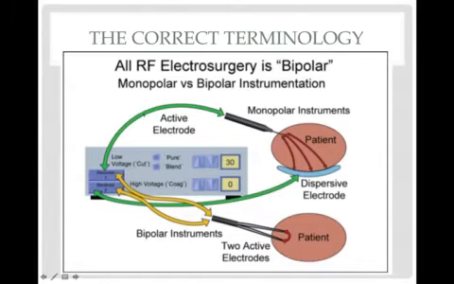In the monopolar, you have the active electrode, then the energy goes through the patient and it's received by the dispersive electrode that closes essentially the circle. In bipolar, as shown here by the yellow arrows, the energy goes between one jaw of the electrode to the other jaw of the electrode, and as you can see, the area of energy is quite distinct between the two.